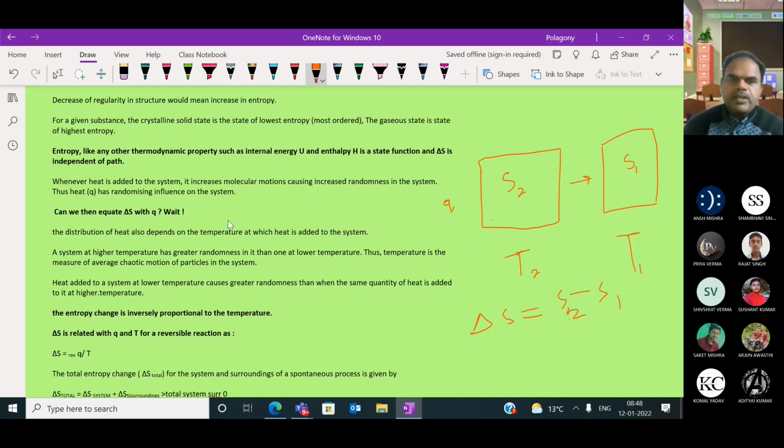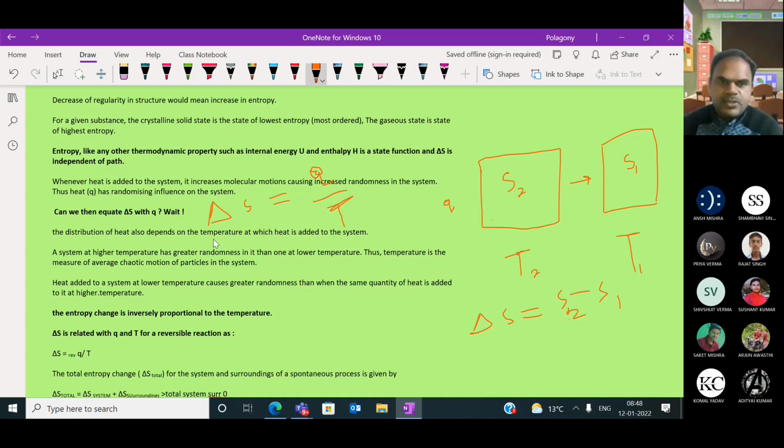Now make one equation: the entropy change of the system is directly proportional to Q upon temperature. I'm making this equation. So the entropy of any system, if you want to measure it, is equal to Q upon temperature.